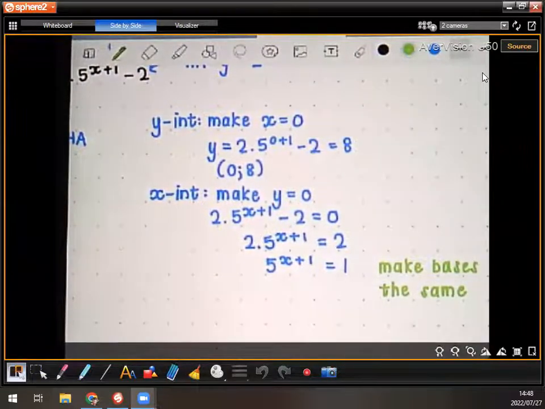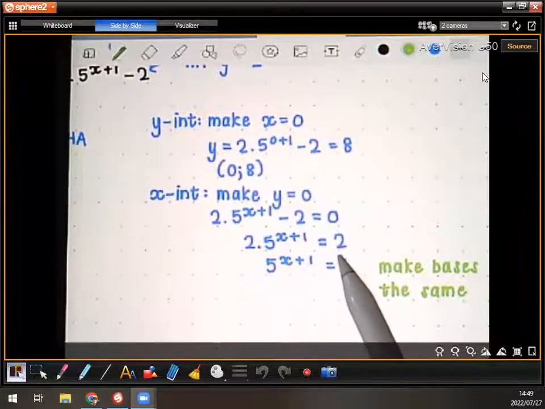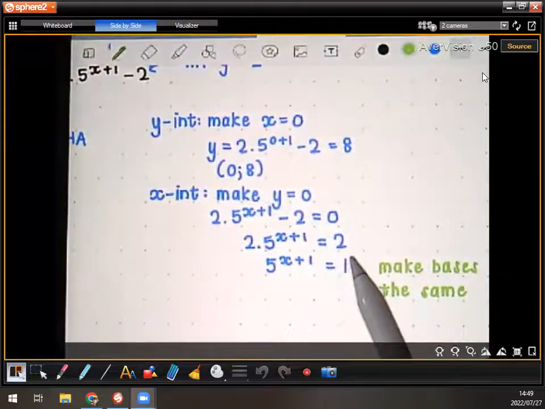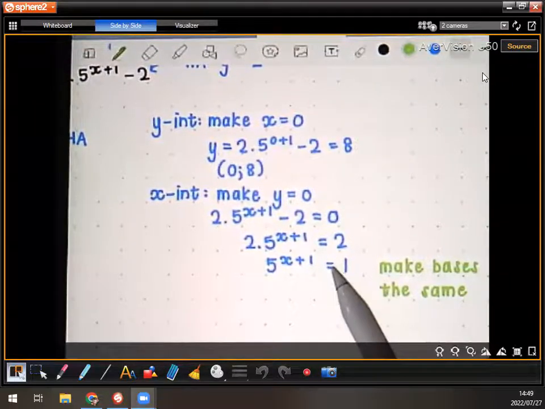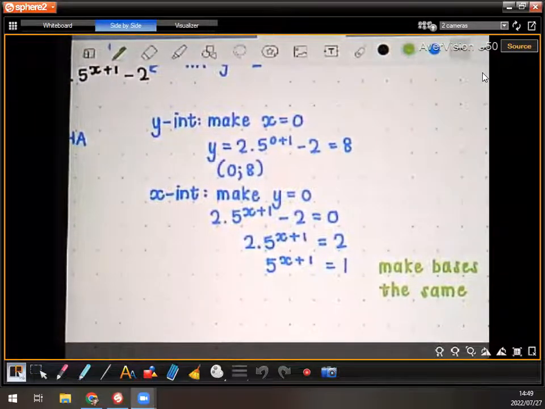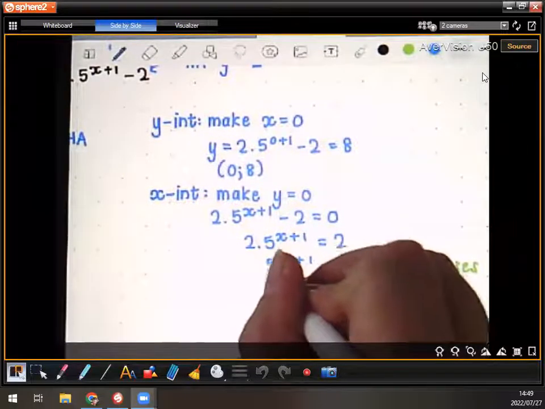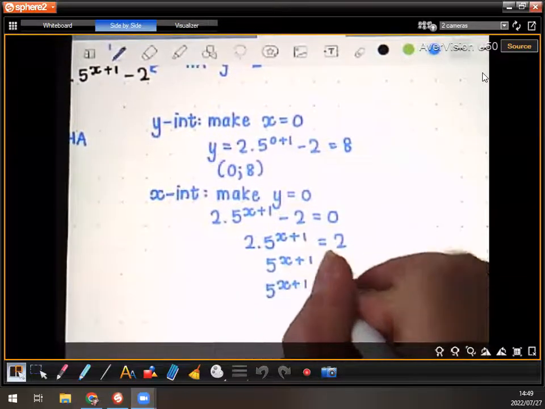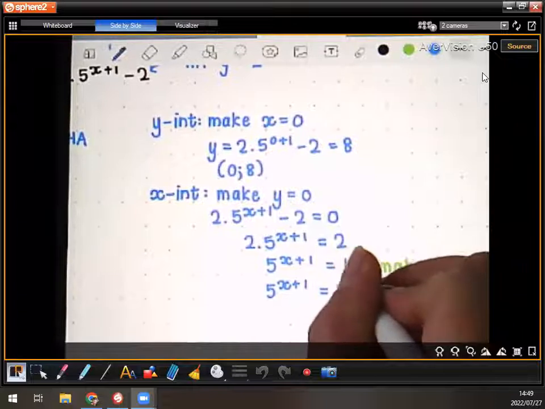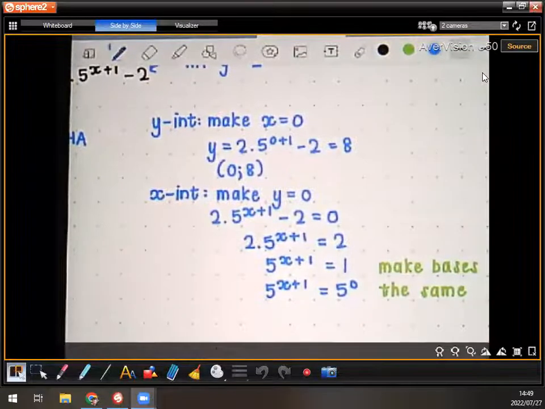It has a bit of a trick to it, because if it was 25, we would just say it's 5 squared. We have a base of 5 on this side, meaning I need to have a base of 5 on this side as well. Guys, 5 to the power of what is going to be 1? 0. So this is going to be 5 to the x plus 1 equal to 5 to the 0.